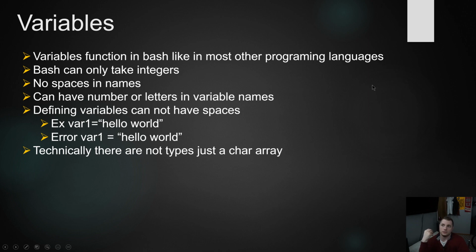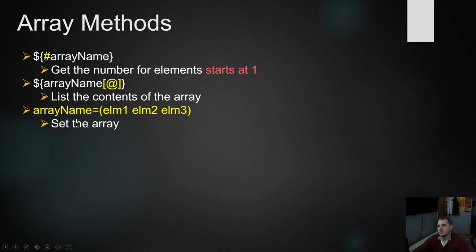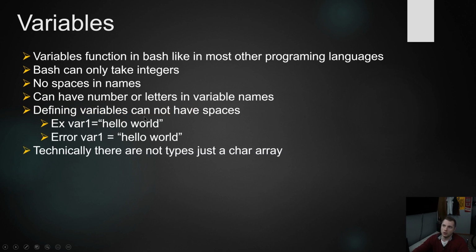Okay, so variables, we've already gone over a little bit up to this point. You have to be aware of the white space when you're setting variables and everything in Bash really, but variables in particular, because this right here will work. This right here will not work.